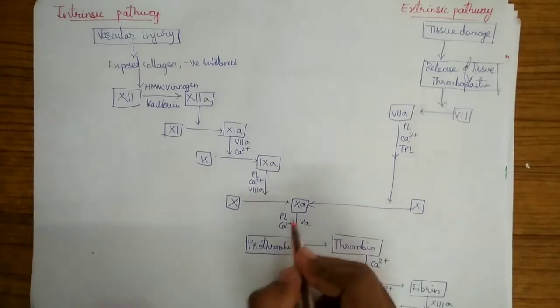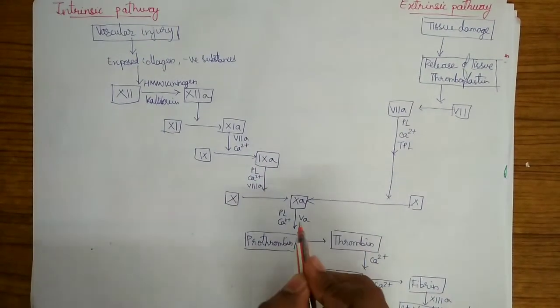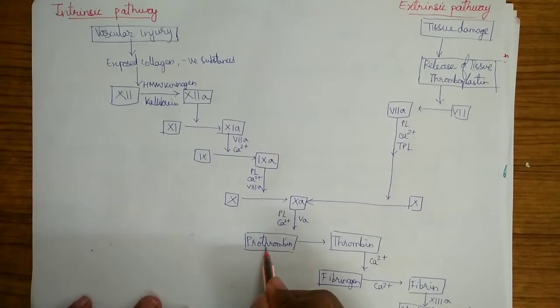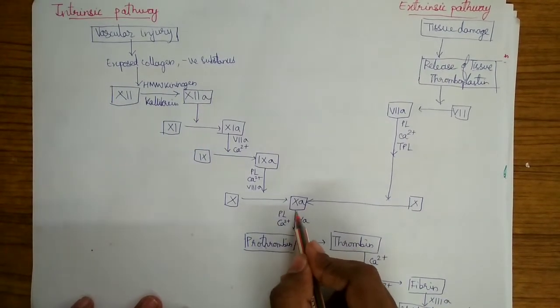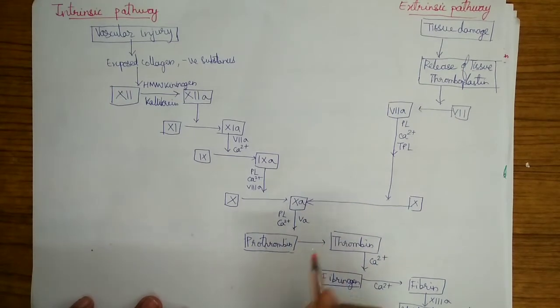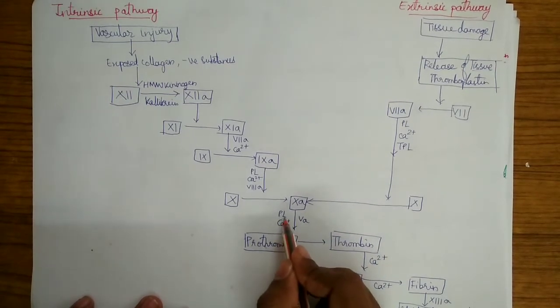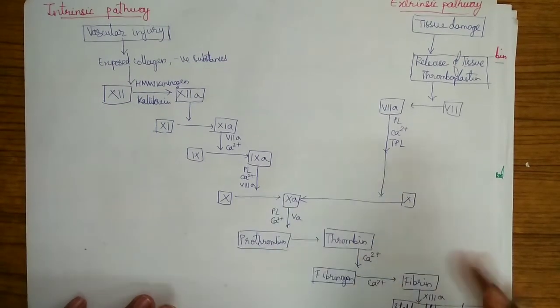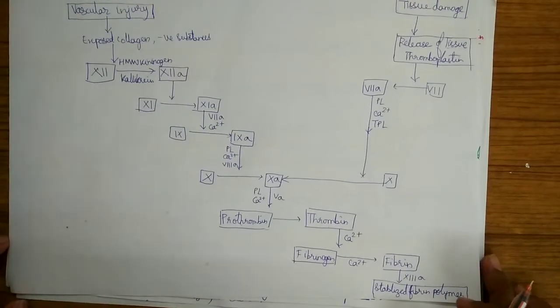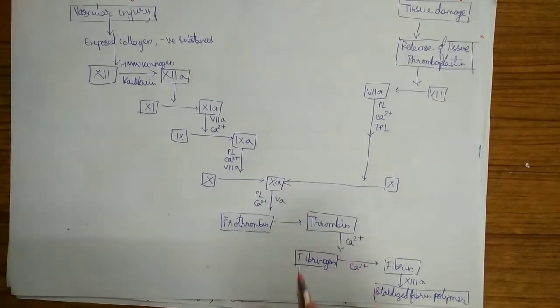In stage 2, the activated clotting factor 10 converts the prothrombin to thrombin. It is also called prothrombin activator because of this reason. It does it with the help of phospholipid, calcium and the activated form of clotting factor 5. Now this thrombin is the main thing in stage 3.